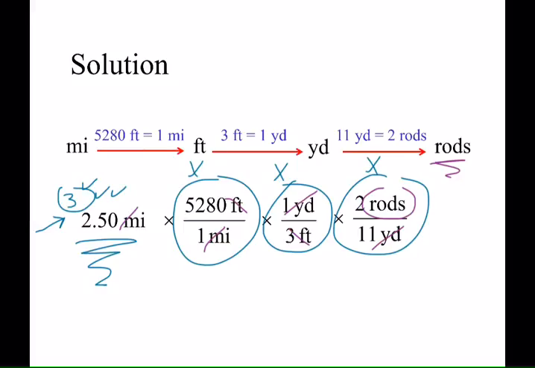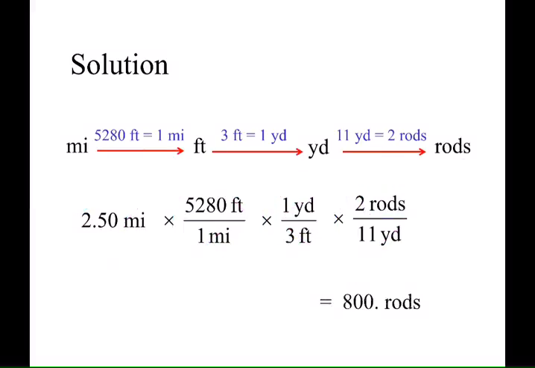So rounded to 3 sig figs, I wish I had my calculator so I could show you what the calculator answer is. But notice in this case, to show 3 sig figs, we actually have to put that decimal there. Keep in mind that if we just put 800 rods, how many sig figs is that?